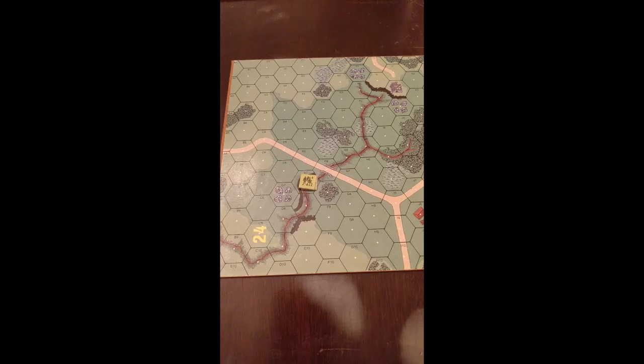But if we want to leave the gully, the only thing that we could do would be, let's see, F6 maybe? If we go to F6, we could leave the gully from F7 entering the woods, but it would cost us extra movement points because we'd be entering the woods.